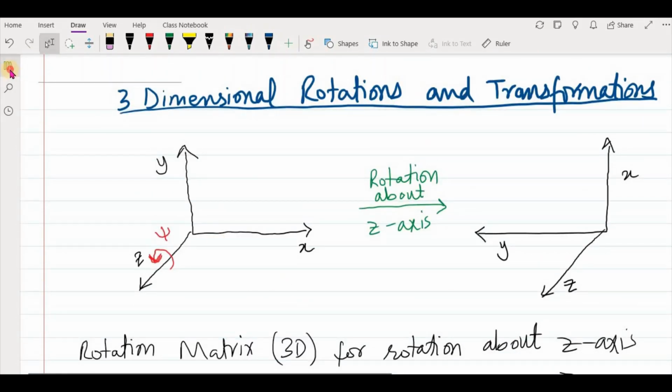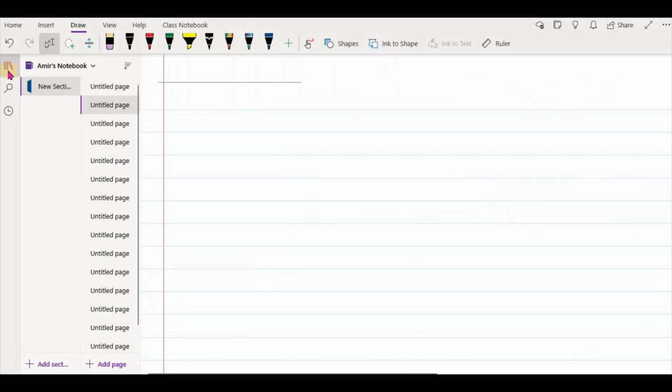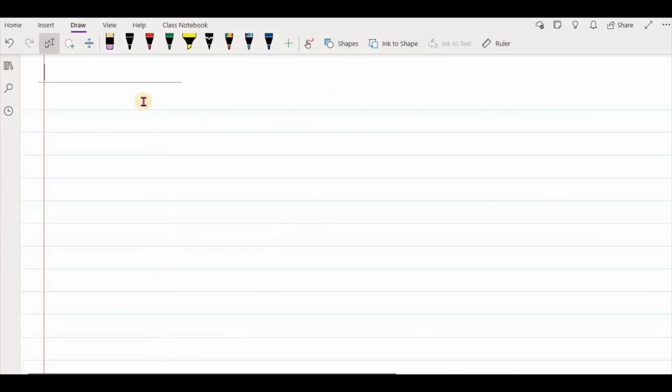Okay, so let's see how the rotation along y-axis now looks. So rotation about y-axis.